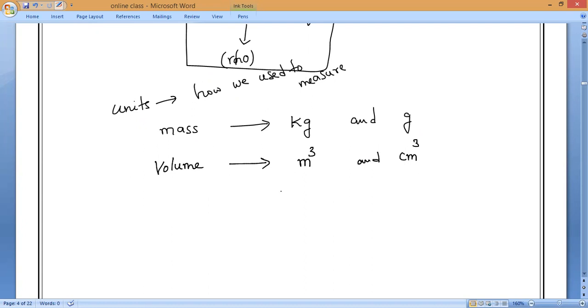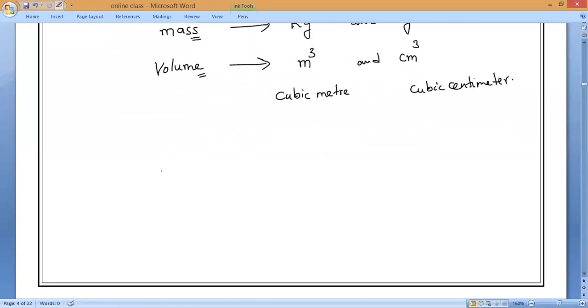Cubic meter and cubic centimeter. Now you know the unit of mass and the unit of volume. Can you tell me the units of density? Anybody? You are not kids. Units of density.